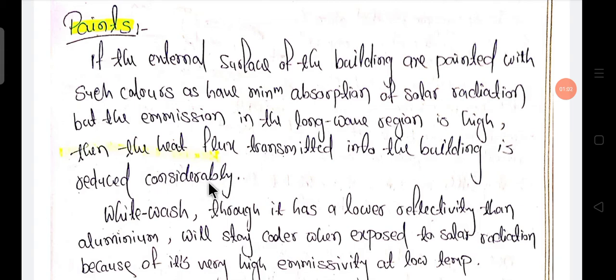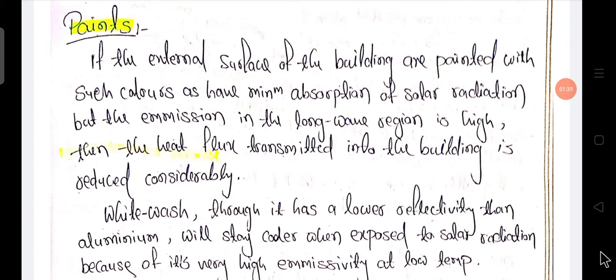That means we choose colors of paint which have a low absorption of solar radiation but a high emissive power of long wave radiation.